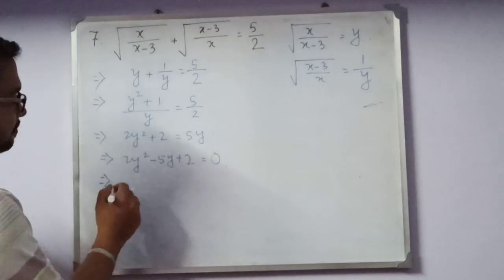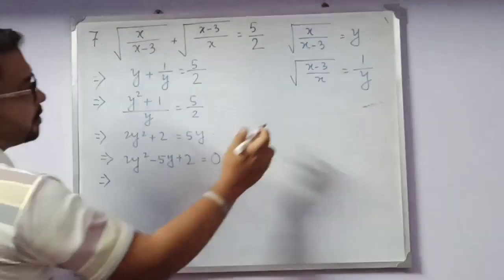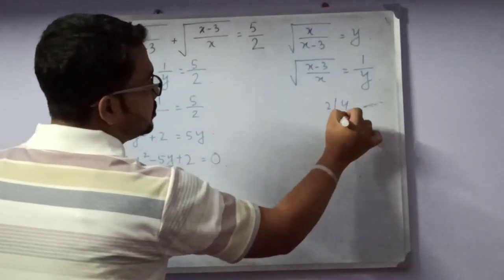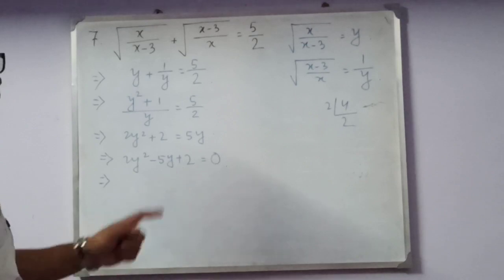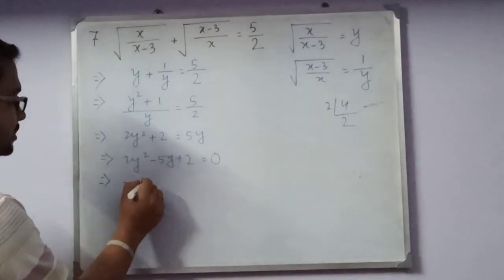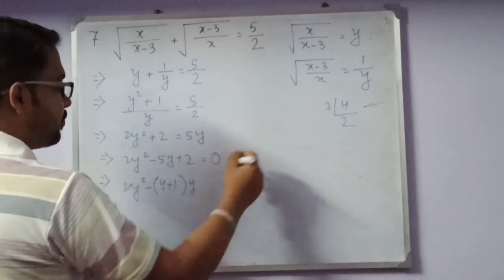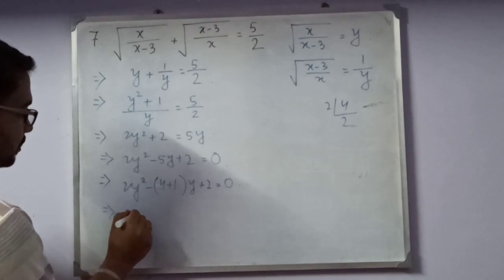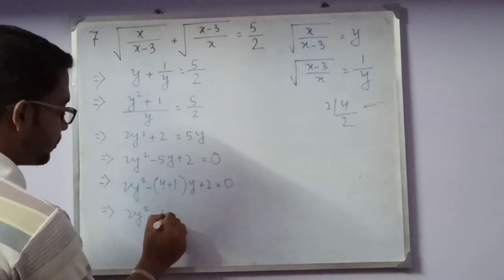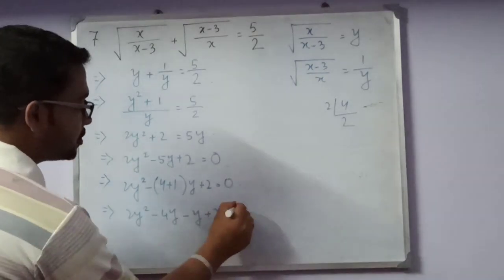We prefer middle term. So my 2 twos are 4. Factorize 4. These two are factors of 4. So from these two we have to make 5. So we can write 2y square, this 5 means 4 plus 1 from these two factors. 2y square minus 4y minus y plus 2 is equal to 0.